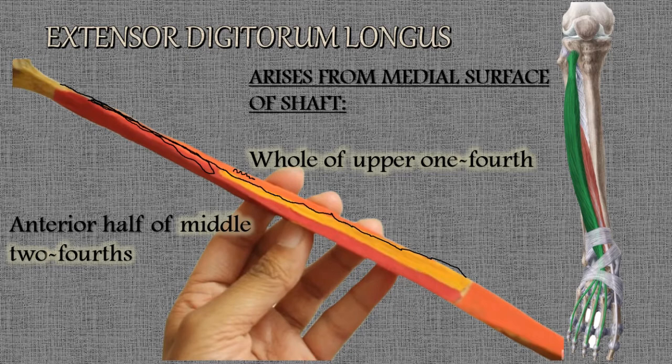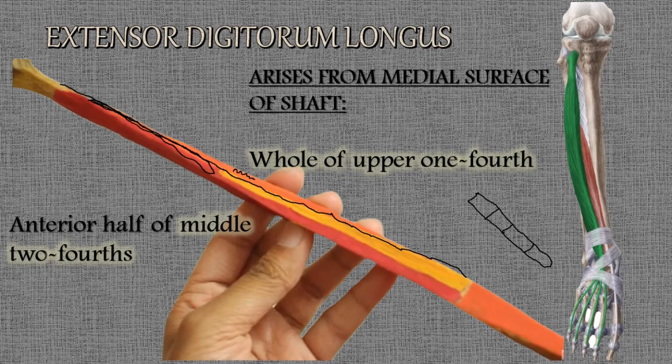I hope you are understanding that. Suppose this is the total medial surface, right? This is 1/4, this is 2/4, this is 3/4, and this is the 4th.